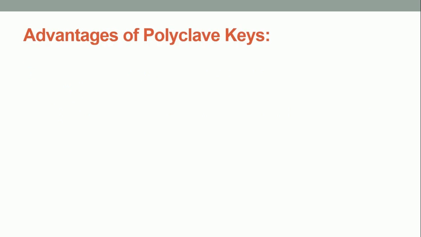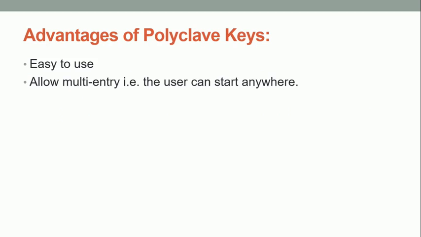If we look at the merits or advantages of polyclave keys, they are easy to use. Secondly, they allow multi-entry, that is, the user can start anywhere. This is a significant advantage because the user can rely on characters that are easiest to observe, rather than having to deal with characters that may not be present in a specimen or which are poorly developed.